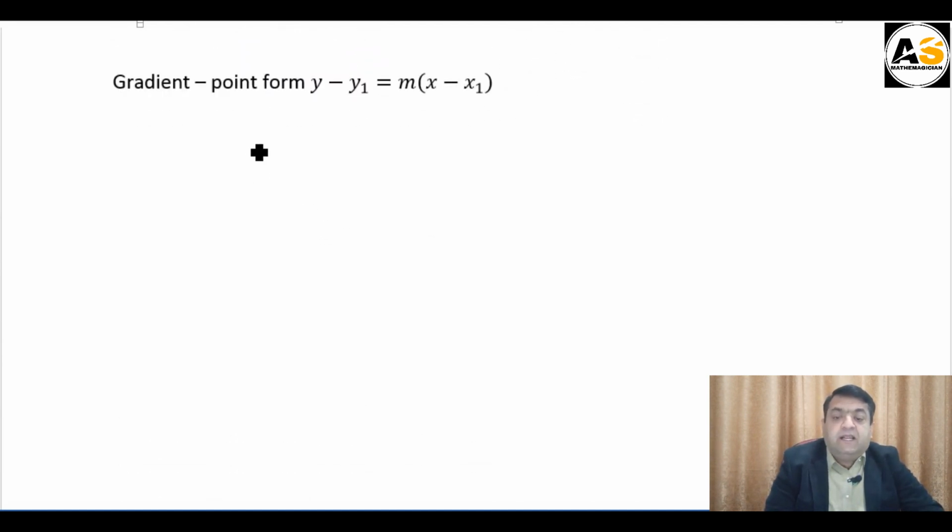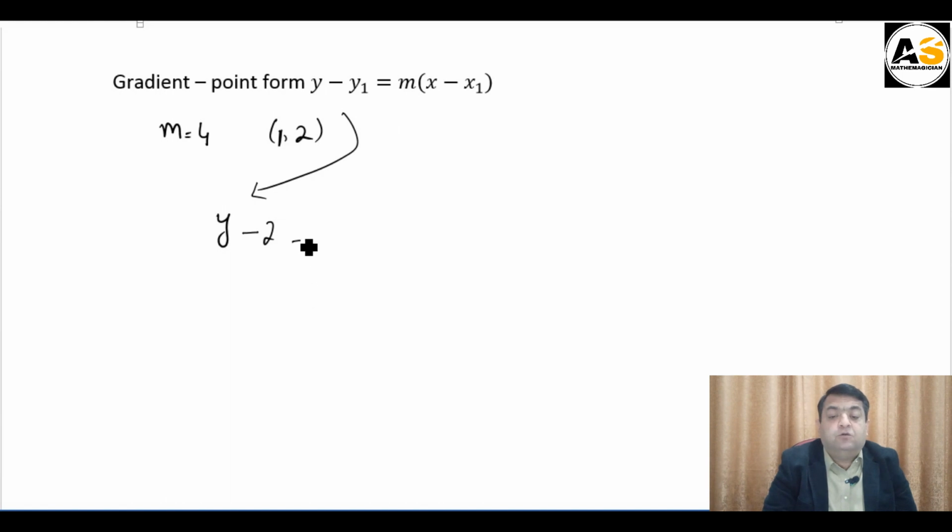Third form is the gradient point form. This means that if we have the gradient of a straight line, suppose the gradient is 4, and we have a point on this line, suppose this line passes through (1, 2), we can find its equation by using this formula. y minus y1, where y1 is the y coordinate of the given point: y minus 2 is equal to m, where m is the gradient, 4, into x minus x1, where x1 is the x coordinate of the given point.